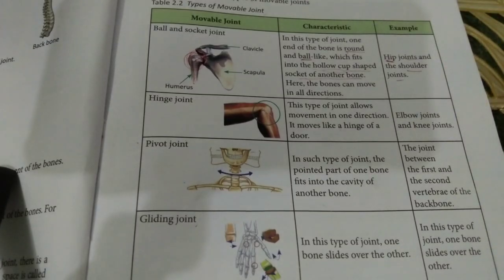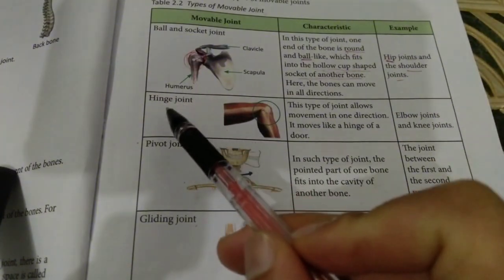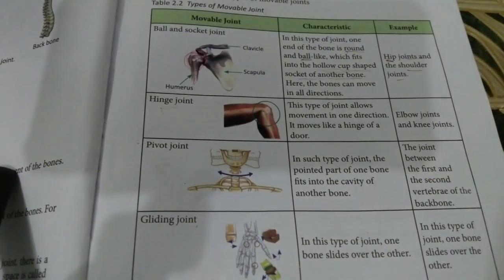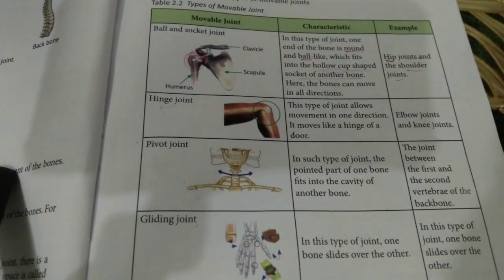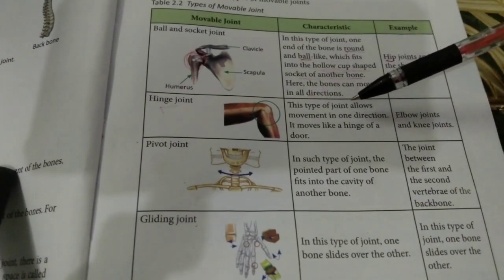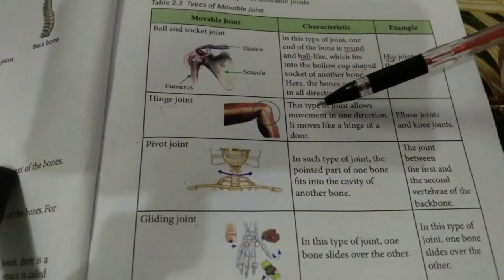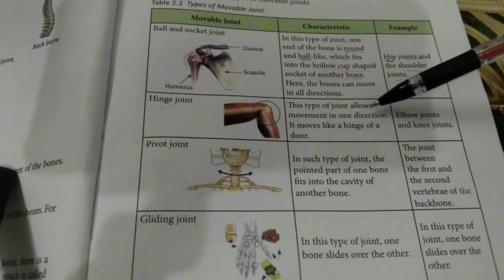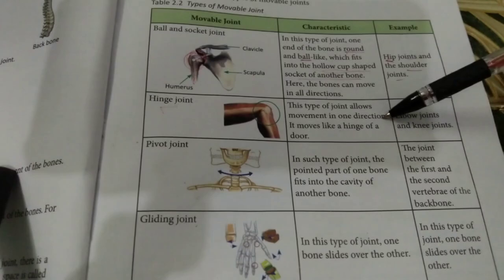Now the next joint we have is the hinge joint. We use a hinge in a door, and the characteristic is similar. This type of joint allows movement in one direction only.